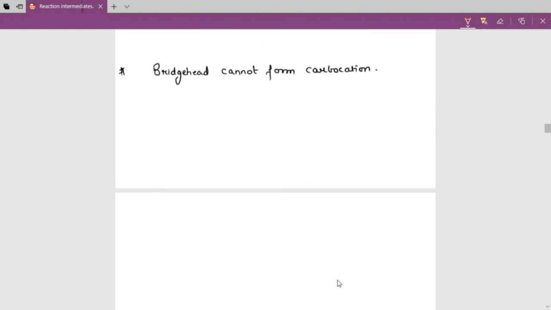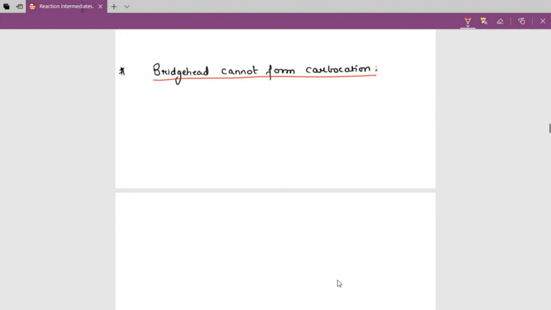Point number 2 to be noted very carefully is that bridgeheads cannot acquire sp2 hybridization. As a result, it is very difficult for a bridgehead to form a carbocation.